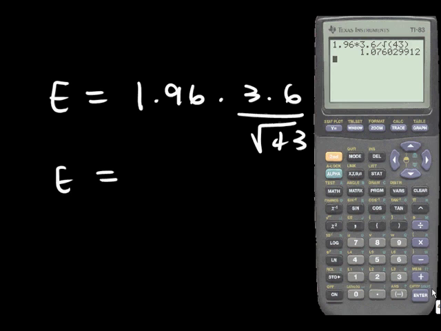If we approximate this error to the nearest thousandths, we get 1.076.